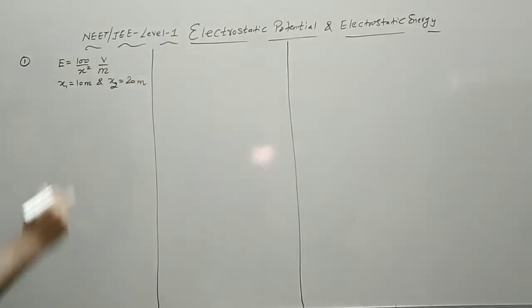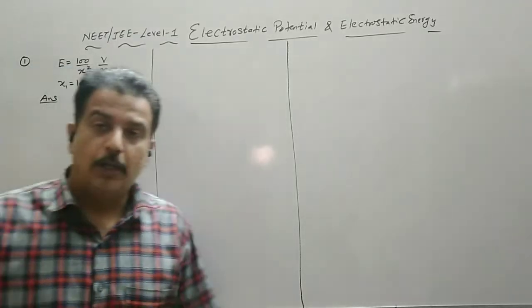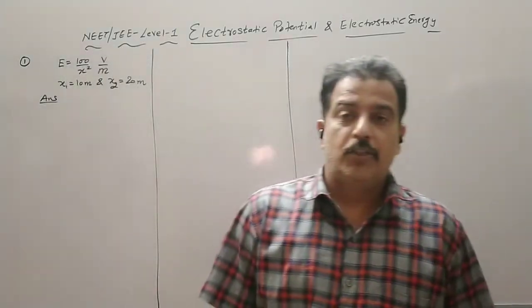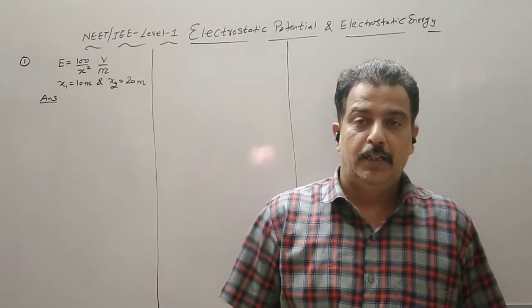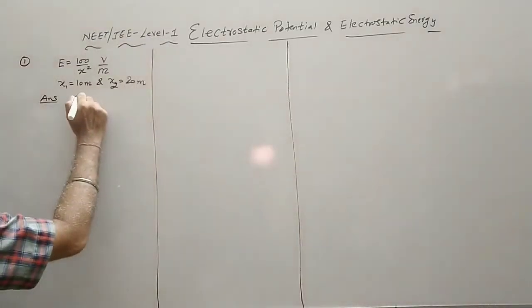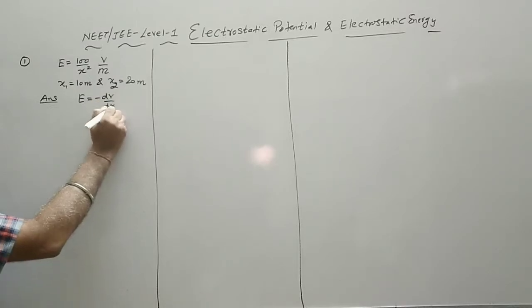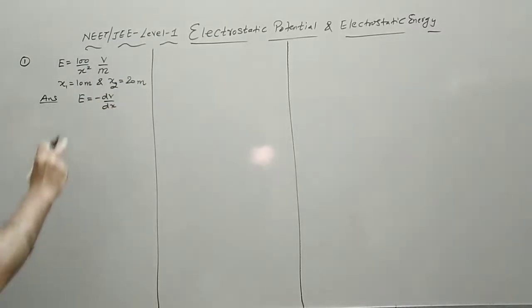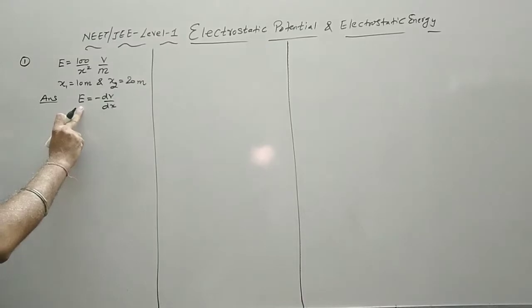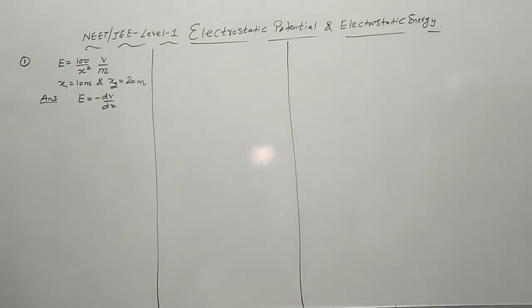So clearly the electric field intensity is a function of x, and we know the relation between the electric field and the potential gradient, that is E is equal to minus dV by dx. While doing the theory, we wrote this Ex as minus the partial derivative of V with respect to x.